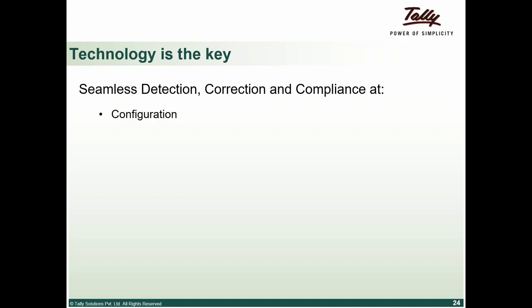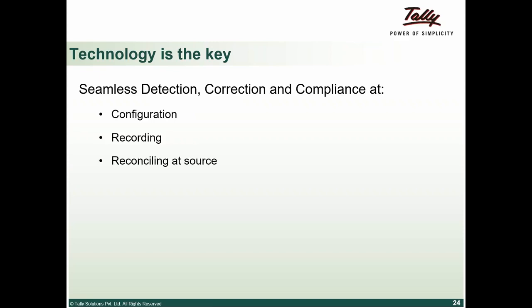When I'm configuring my system, can I have a facility which seamlessly detects, corrects, and ensures that I am compliant as per the GST law? While recording my transaction, can the system assist me in detecting, correcting, and compliance?